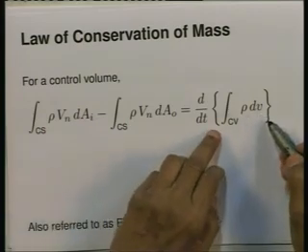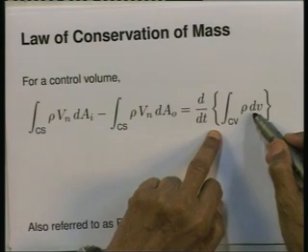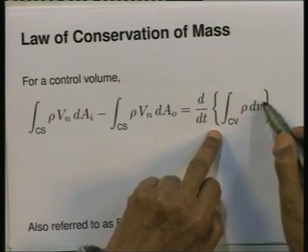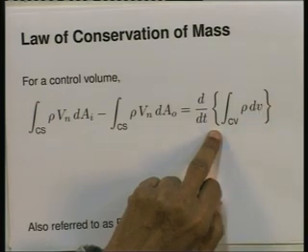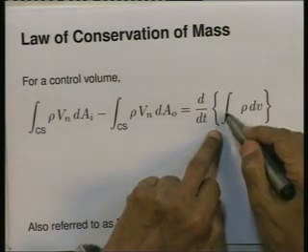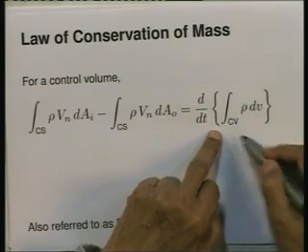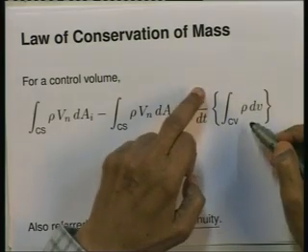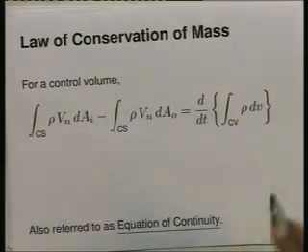The expression within the brackets is the mass in the control volume. Take an elementary volume dV, multiply by rho, I get the mass of fluid in the volume dV. I want the mass of fluid in the whole control volume. So, integrate this expression over the whole control volume, a volume integral, I will get the mass inside the whole control volume. Take d dt of that, I get the rate of change of that mass inside the control volume.